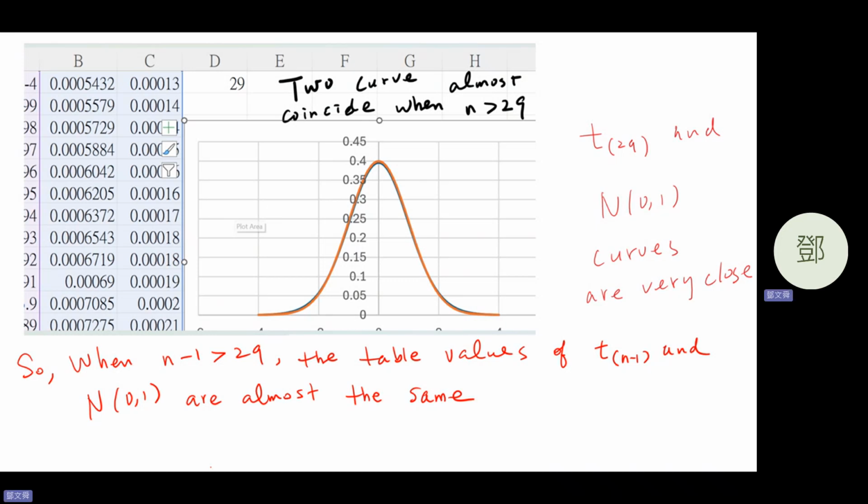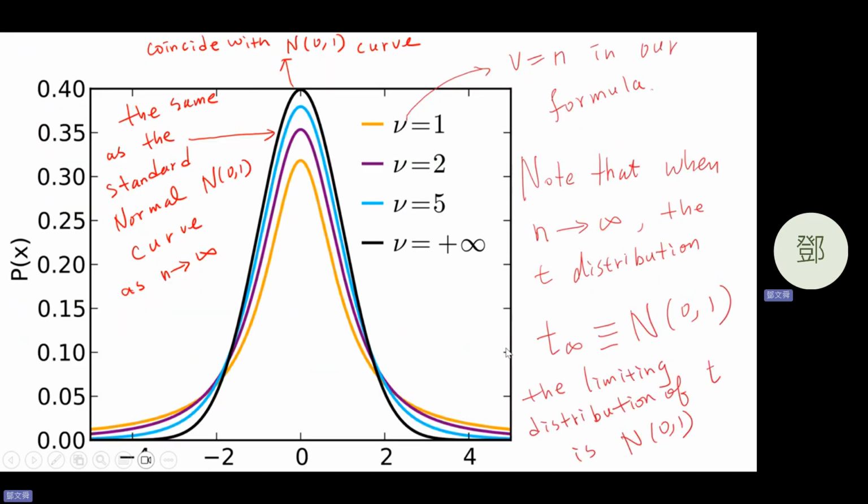So either you go to the standard normal or you go to the T distribution table is okay. This table is okay, and so is this table. So in some other authors' textbooks, they use the formula here instead.